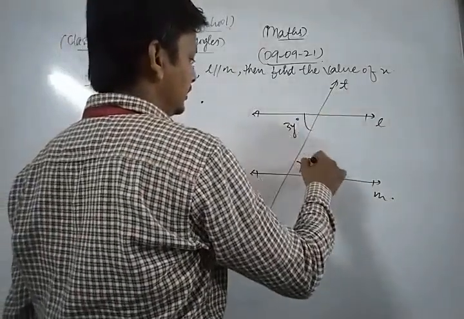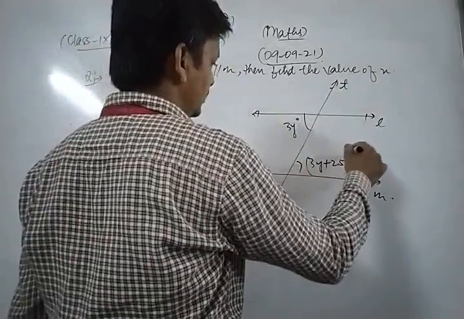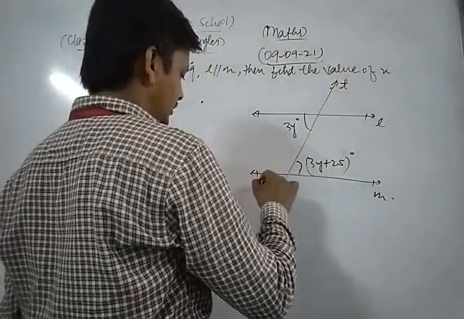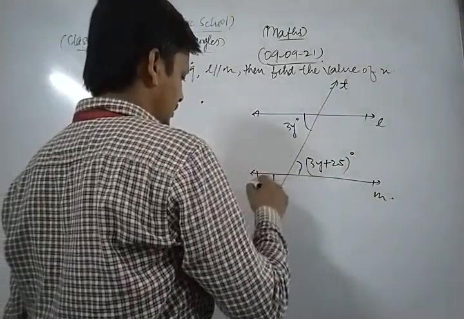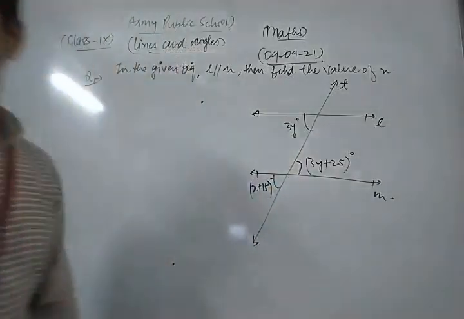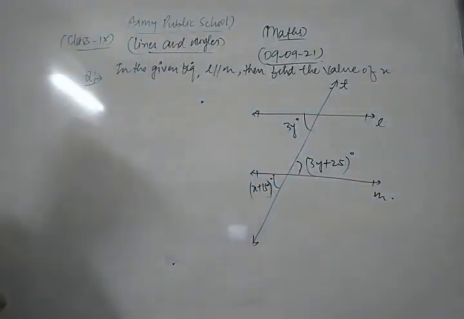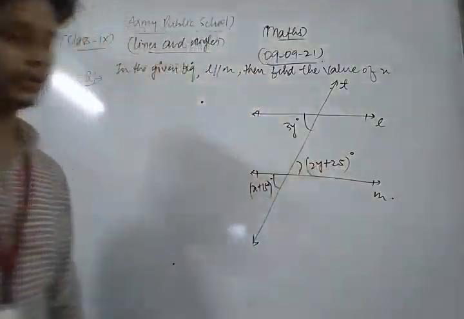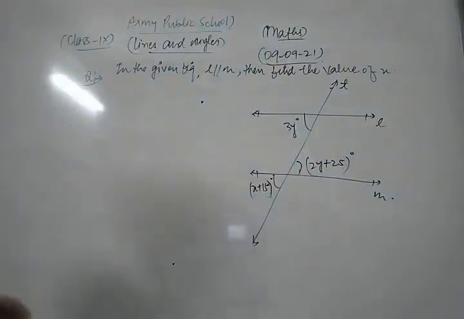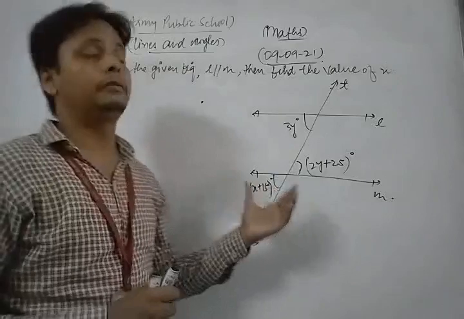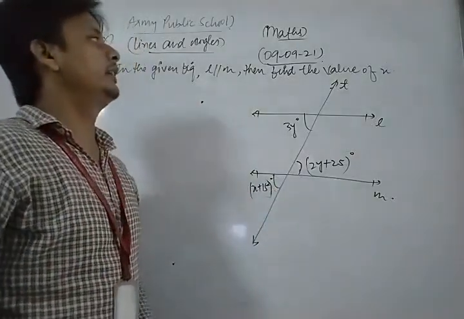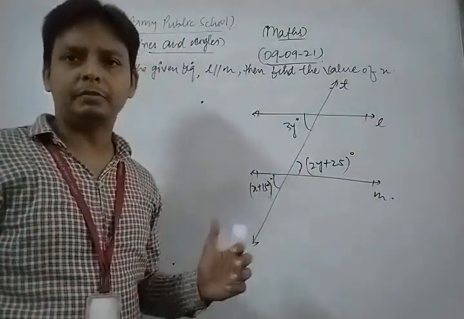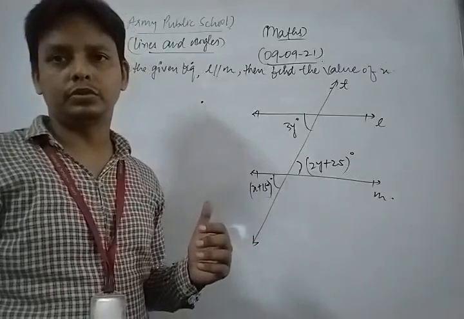This is 3y and this is 2y plus 25 degrees, and this is x plus 15 degrees. So in the given figure L is parallel to M, and we have to find the value of x. This is a very important question related to your chapter.